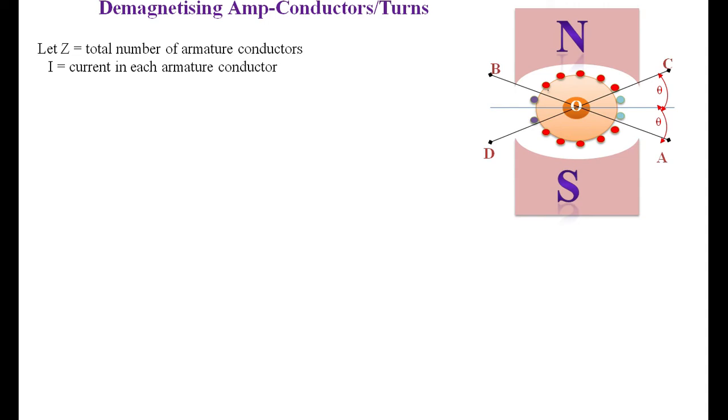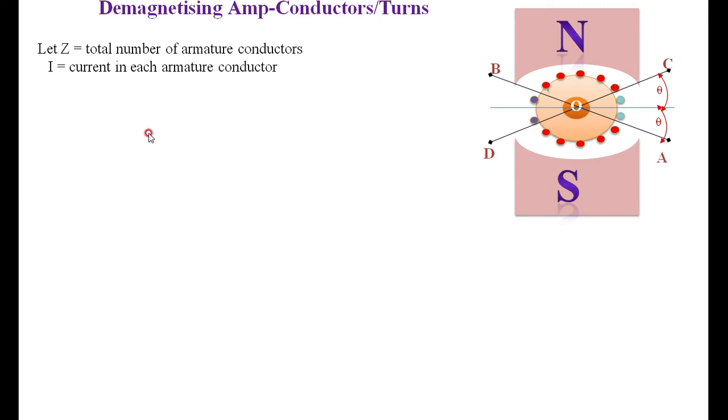Therefore, I, the current per conductor, is equal to total armature current divided by P in the case of lap winding, and IA divided by 2 in the case of wave winding.